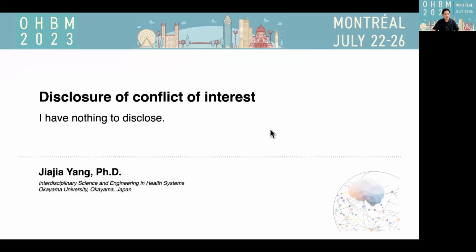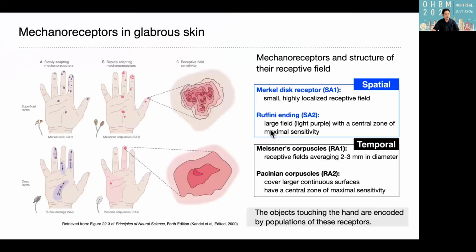First of all, I will show you some basic information of the somatosensory system. There are four types of mechanoreceptors in the skin, and they can be categorized into two groups. The first one is named slowly adapting receptors, SA, which are sensitive to the spatial features of the object.